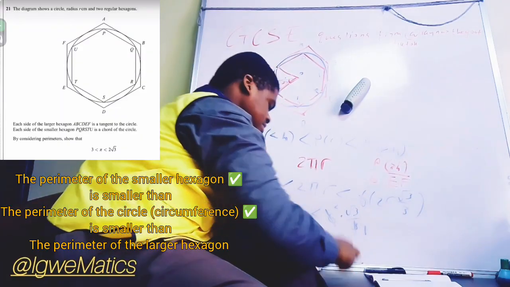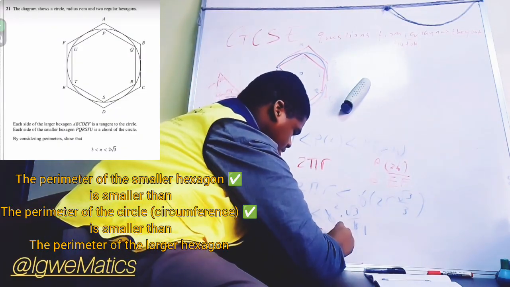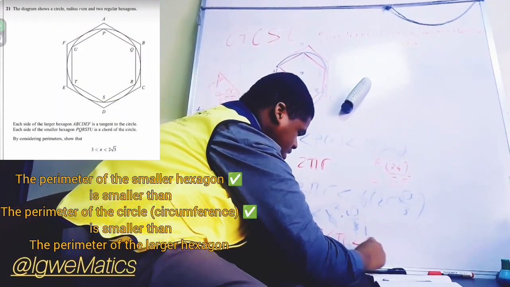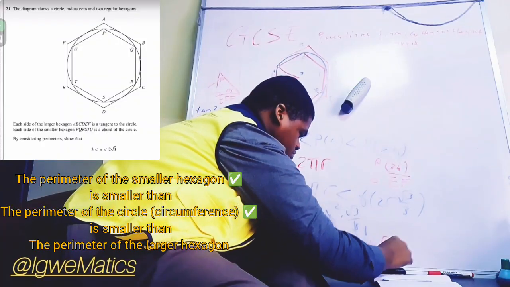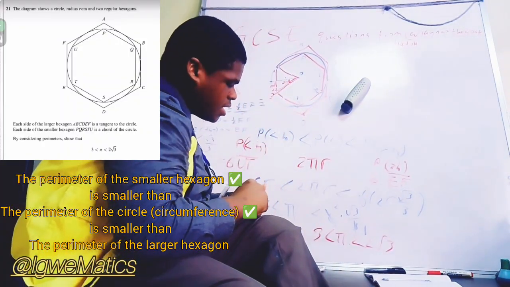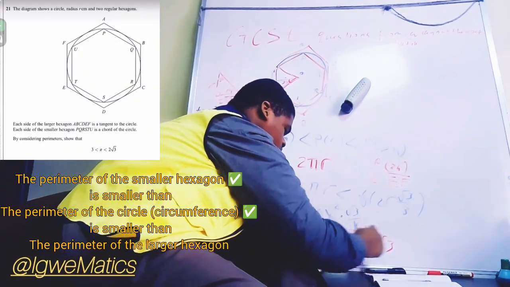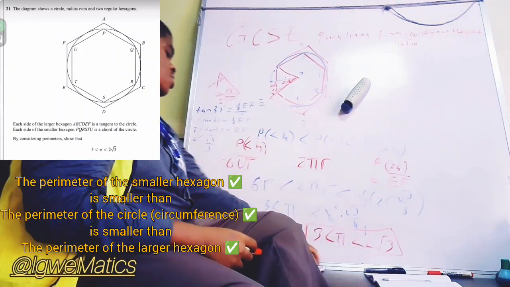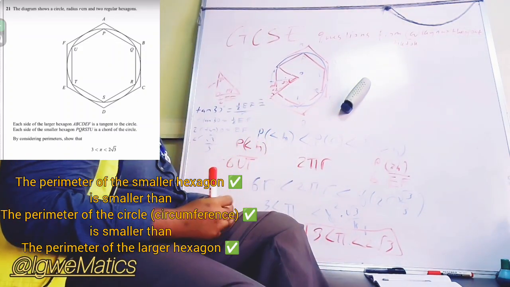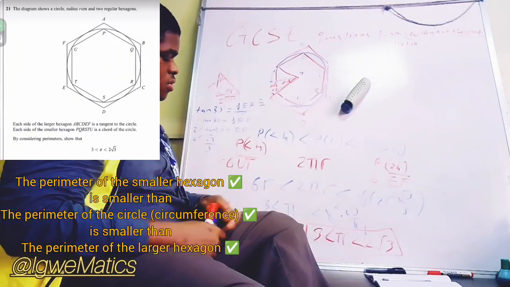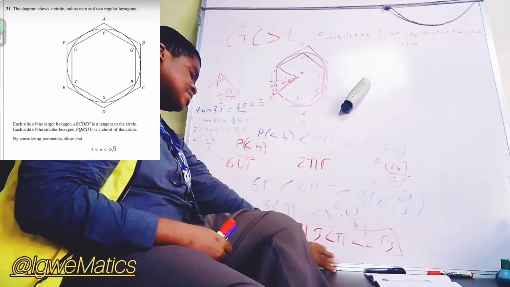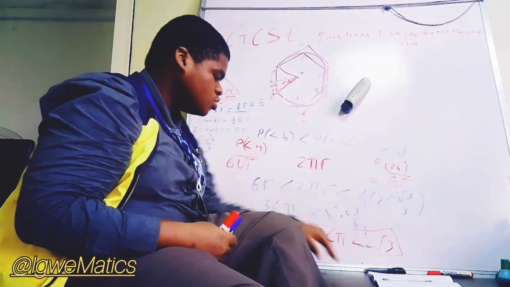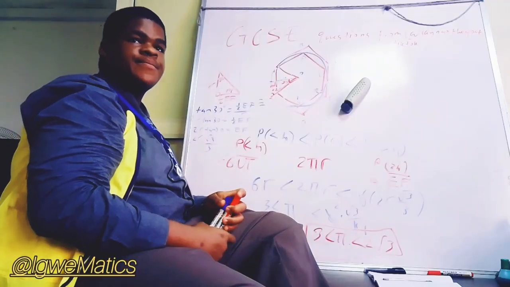So all you are left with is 3 is less than pi less than 2 root 3. And this was what they asked us to show. So using the perimeters of the circle and the two regular hexagons, we're proving that 3 is less than pi, which is also less than 2 root 3.